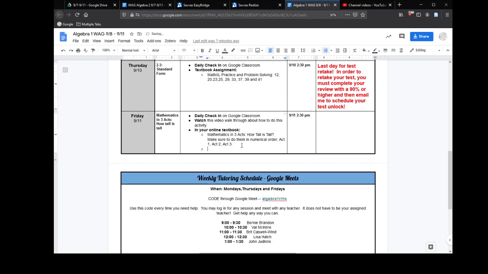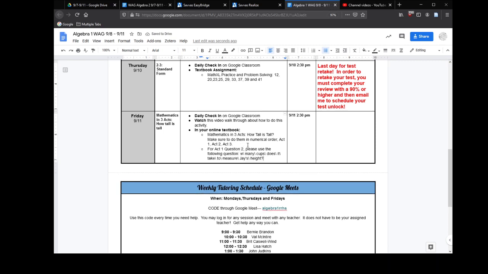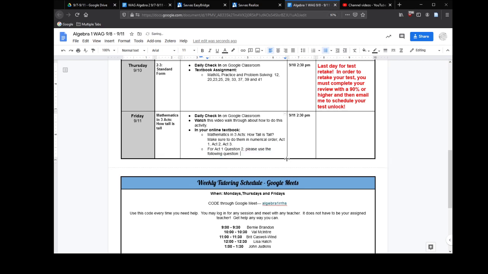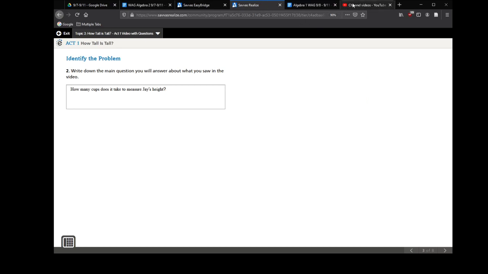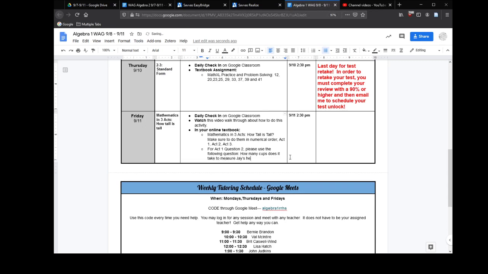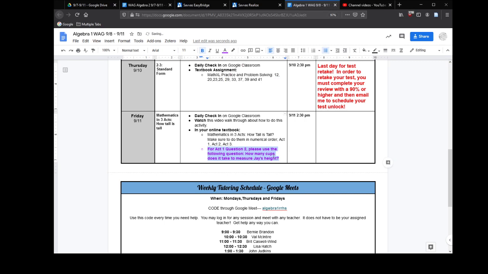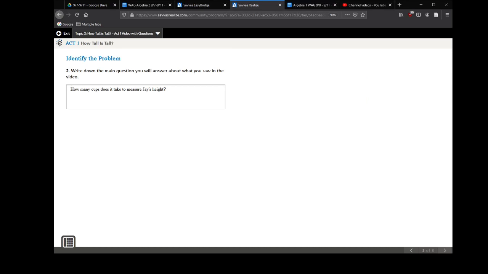So for Act 1, Question 2, please use the following question. How many cups does it take to measure Jay's height? There we go, in the week at a glance, in a nice purple and bolded. That's what we're going to try to answer in this activity.